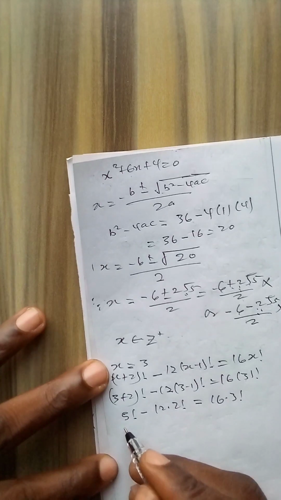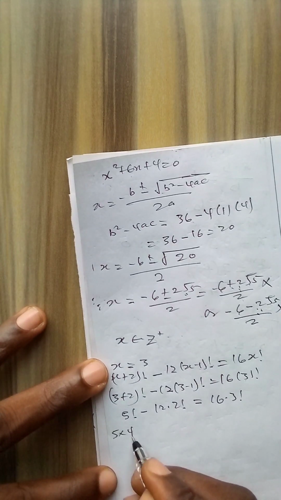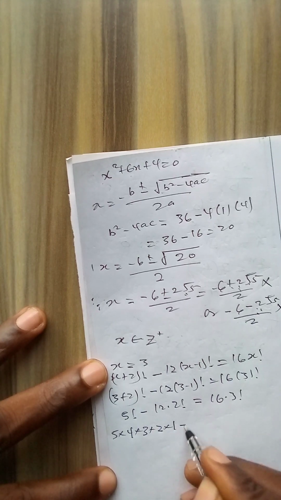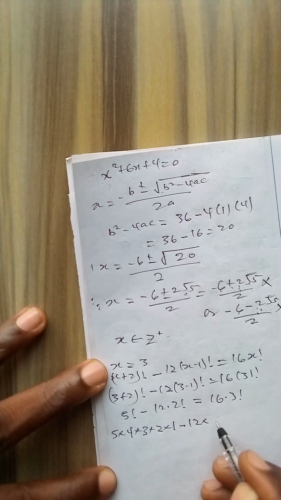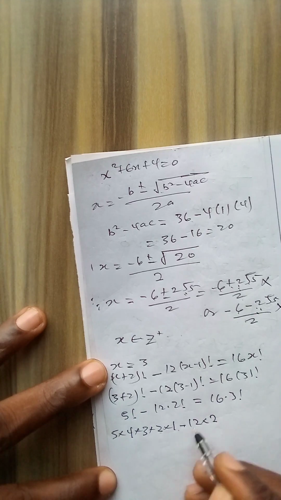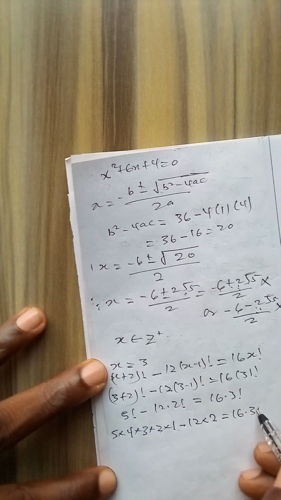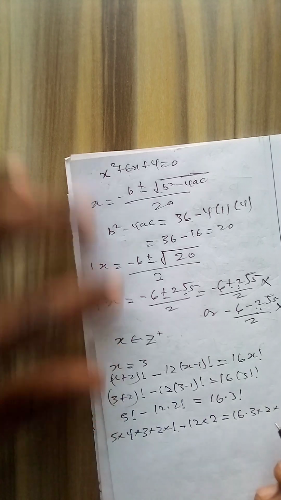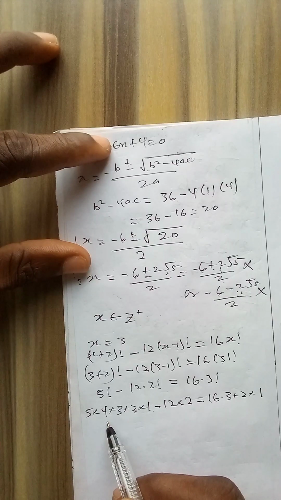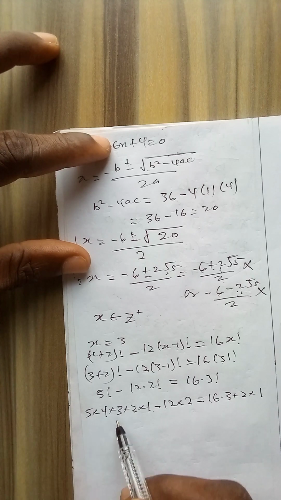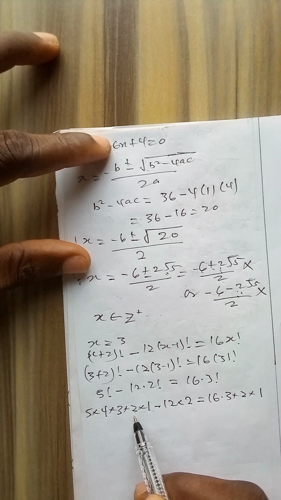5 factorial is 5 times 4 times 3 times 2 times 1, minus 12 times 2 factorial, which is still 2 because 2 times 1 is 2, is equal to 16 times 3 times 2 times 1. Now 5 times 4 is 20 and 20 times 3 is 60. 60 times 2 is 120.